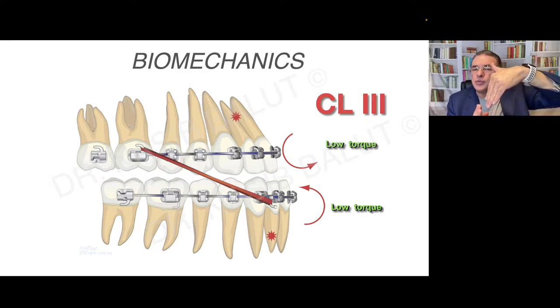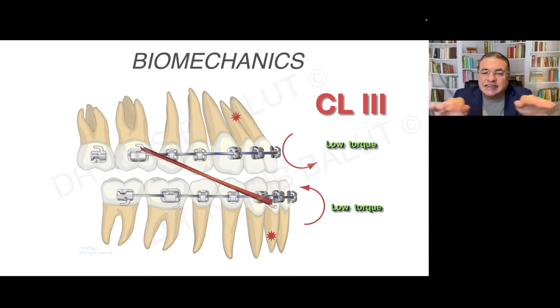But I don't like to procline the upper anteriors that much, because then I will end up with non-smile aesthetics. The more we procline the upper anteriors, the more we flatten the smile arc. And this doesn't look nice.